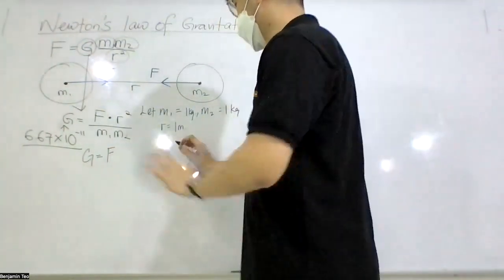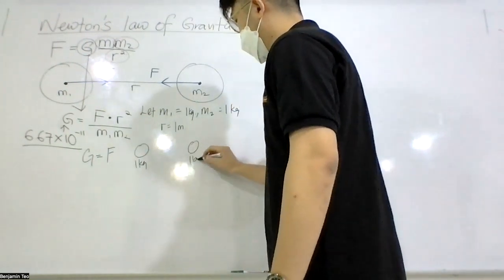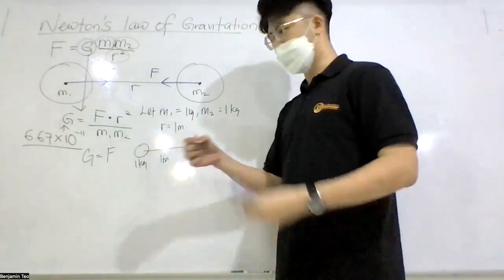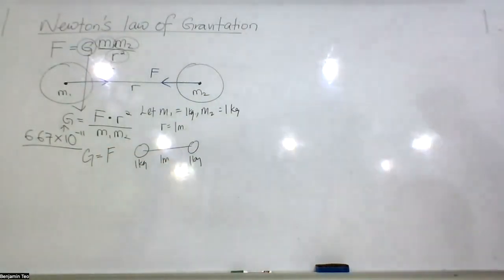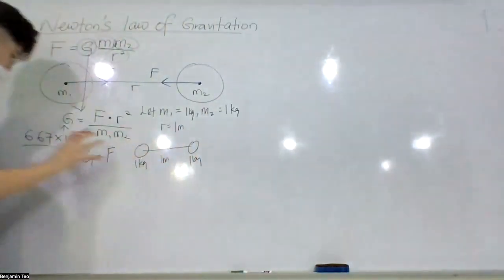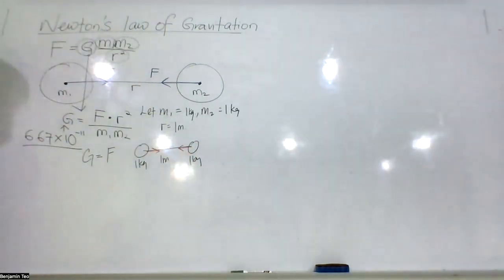That means if you take 1 kg separated by 1 meter, how much is the force pulling them? This much. That is what the constant means. Okay? If I take 1 kg separated by 1 meter, how much force is pulling them? Newton says this is a fixed value.